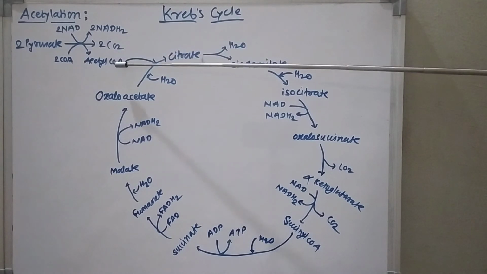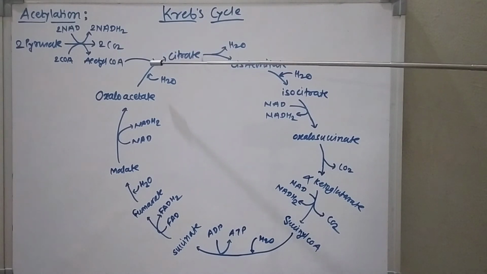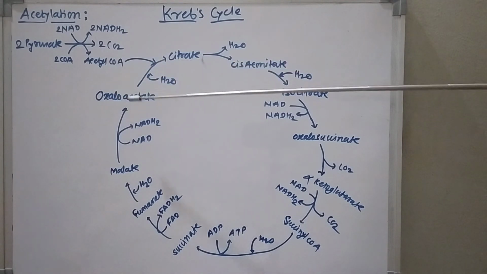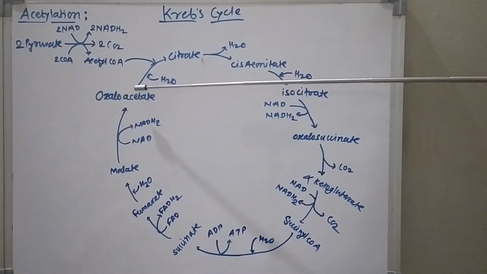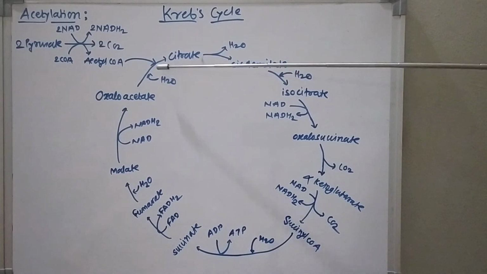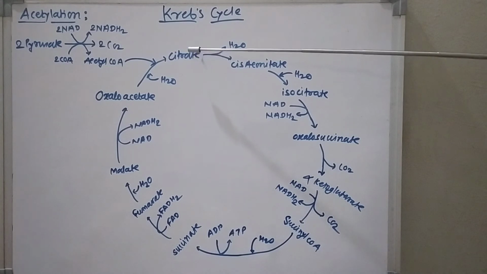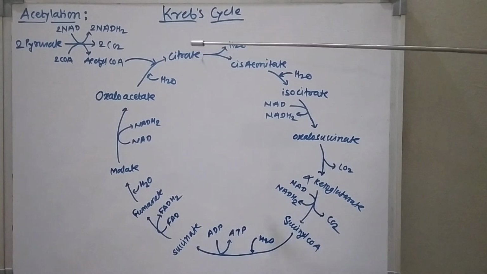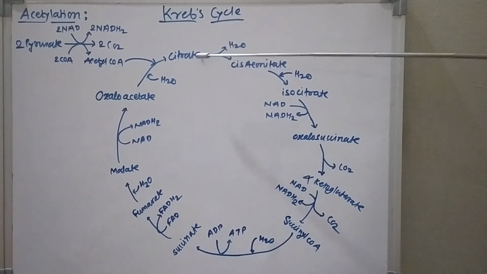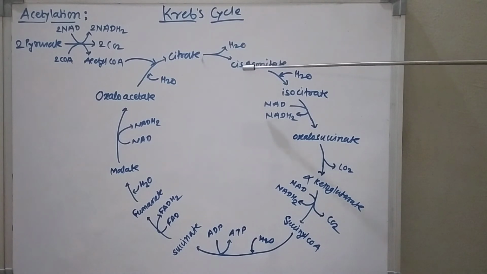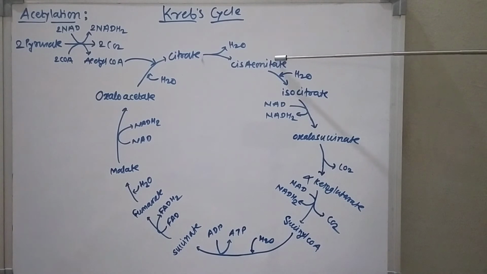Firstly, the acetyl coenzyme A entering the matrix of mitochondria is accepted by oxaloacetate in the presence of water to form citrate, which is the first stable compound. The citrate by dehydration is converted into cis-aconitate.